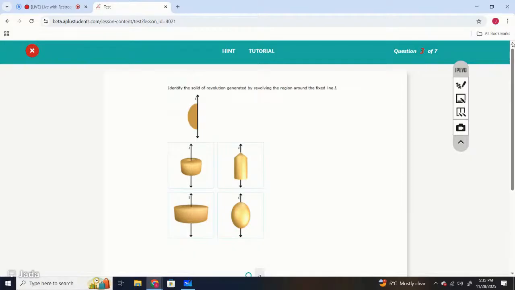Identify the solid of revolution by revolving the region around a fixed line L. Option number D is the correct option, right?